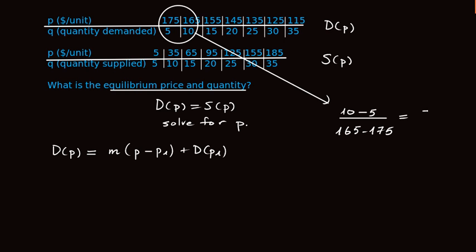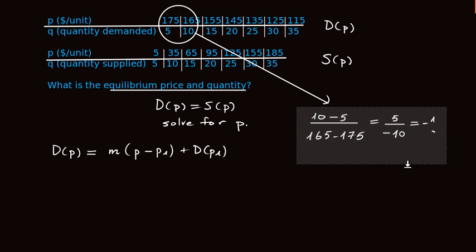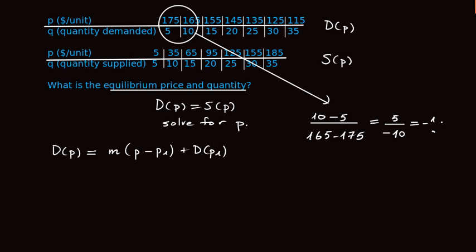So that's going to be equal to 5 divided by minus 10, which is equal to minus 1/2. Now the fact that you got a negative slope here should be expected because we know the demand function is a decreasing function, so the slope should be negative. So that's our slope, minus 1/2.